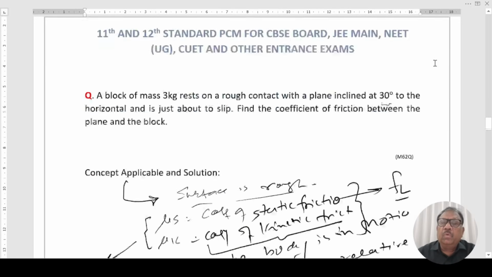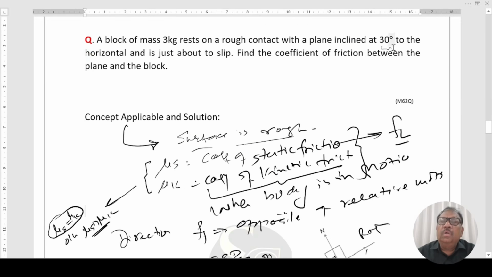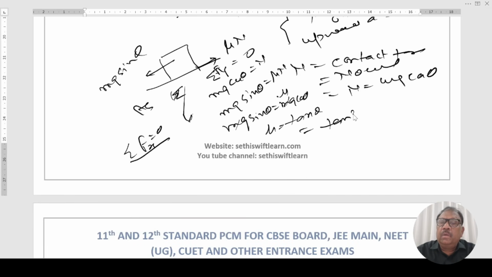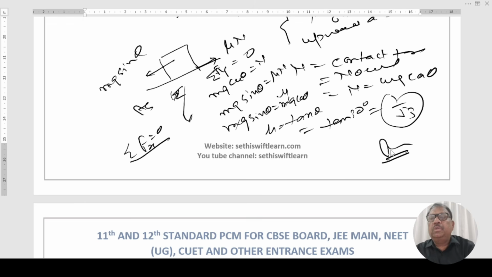The angle is given to you, 30 degrees. Tan 30 degrees is 1 by root 3. This is the answer. I have discussed in detail the basic concept applicable in this question.